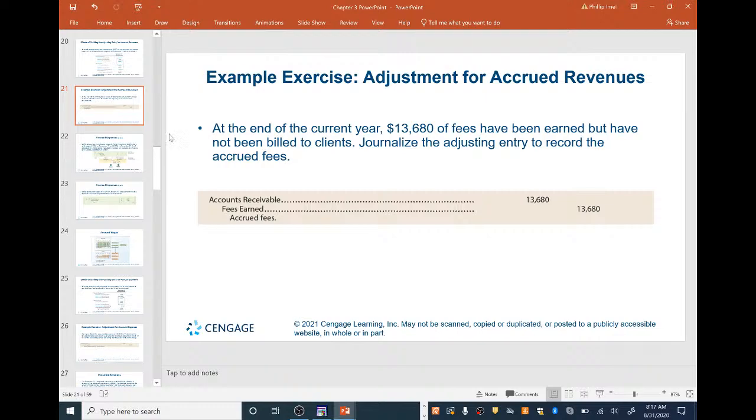If the fees have been earned but have not been billed to clients, we need to account for that. If we haven't billed them, then they haven't paid us. So we need to set up accounts receivable debit of $13,680, and then credit fees earned of $13,680. And once again, this is accrued fees earned, so accrued revenues.